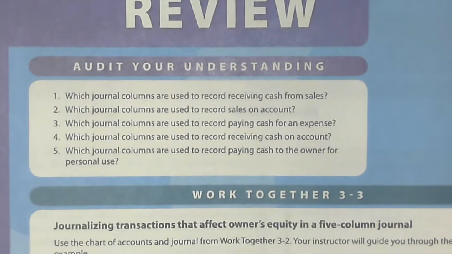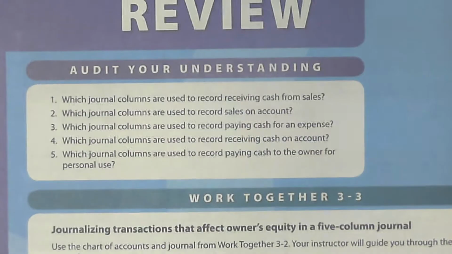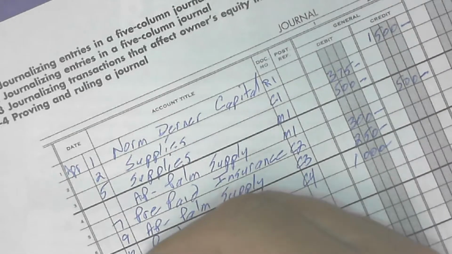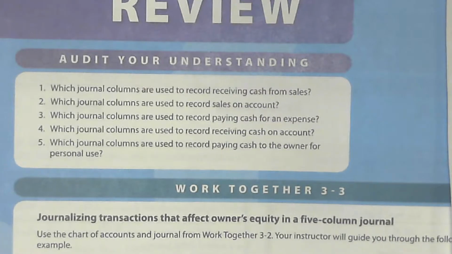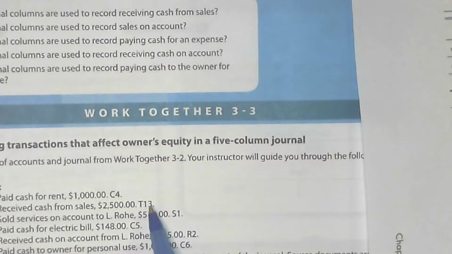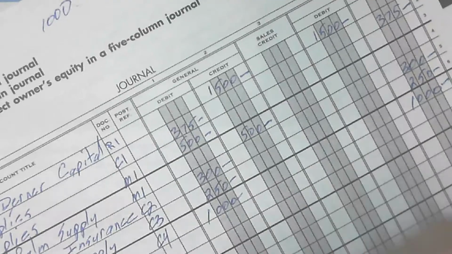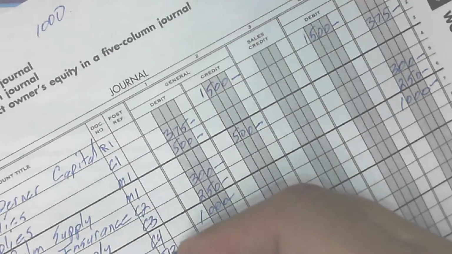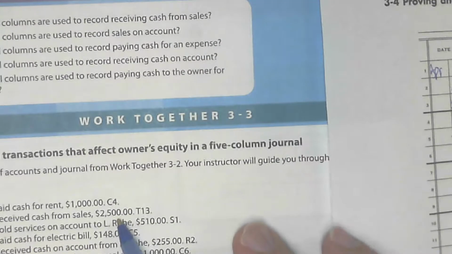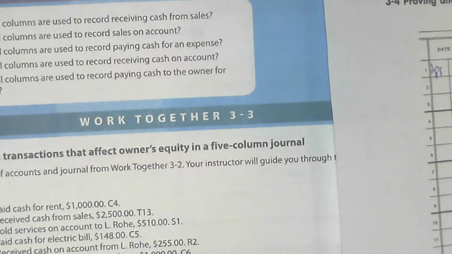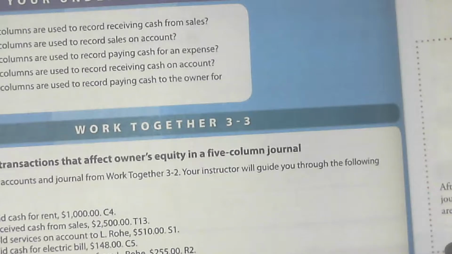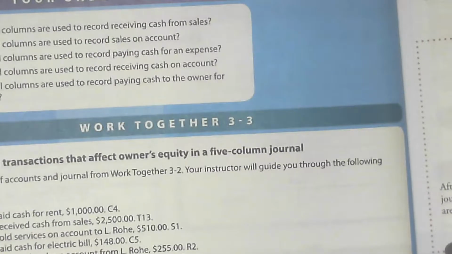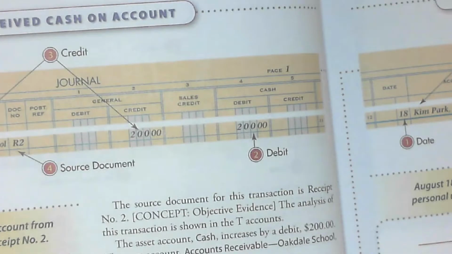Okay, so our next one, receive cash from sales. So that happened on the 13th. Our document number is T13. Our amount's $2,500. So just find the example, receive cash from sales.